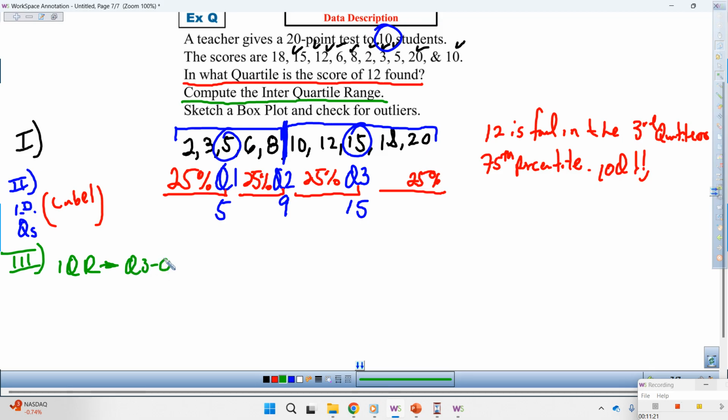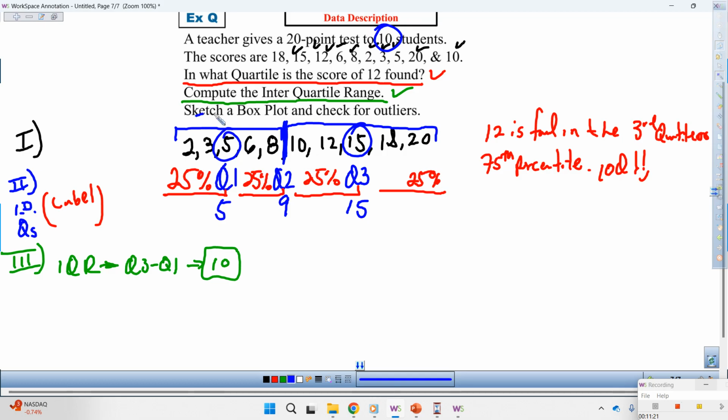Q3 minus Q1, and that gives me 10. Okay so far? Have we been using this before? Yes, Mr. Q. All right. So we're done with this. Let's move on to the last portion.